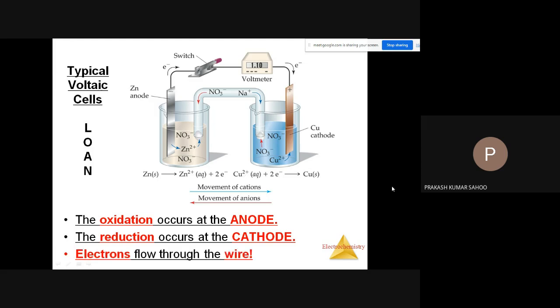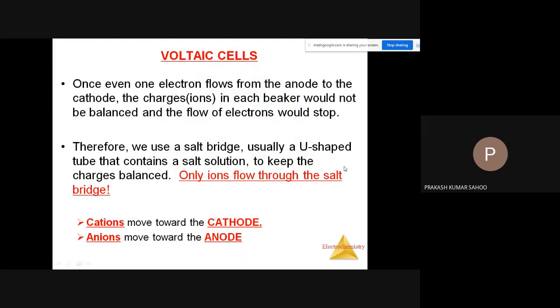Then we have, okay, this is again the voltaic cell, the same concept of your galvanic cell or battery, in which electrical energy is produced by the chemical reaction.